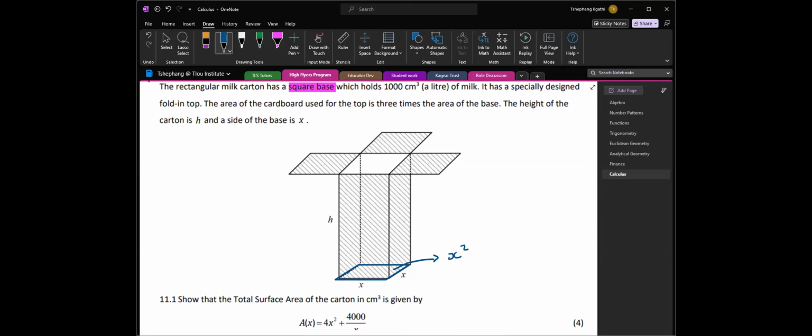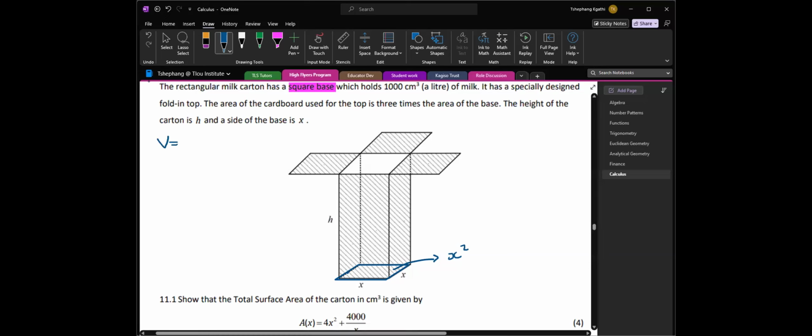Now, I know that the volume V is equal to length times breadth times height. But what is the volume? I'm pretty sure the volume is given, 1000 cubic centimeters. So I'm going to say 1000 equals the length, which is x, the breadth, which is also x, and then the height is just h.